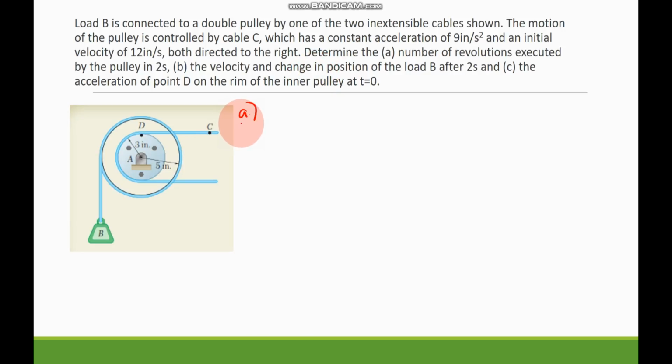So, for letter A, we will determine the number of revolutions executed by the pulley in 2 seconds. For the motion of the pulley, the velocity of point D and point C is equal. So the velocity at this instant is equal to the velocity at point C. And the tangential component of the acceleration of D is equal to that of C also.